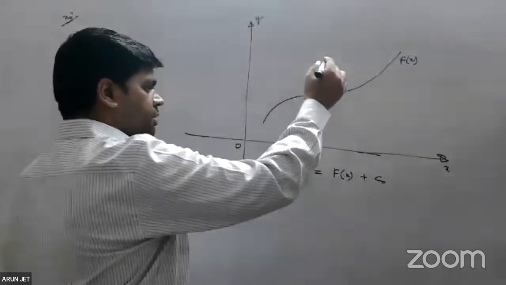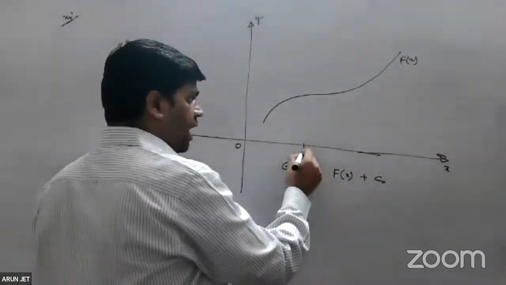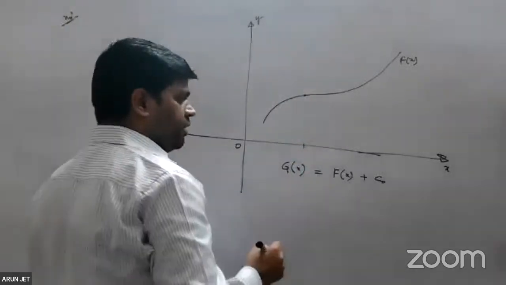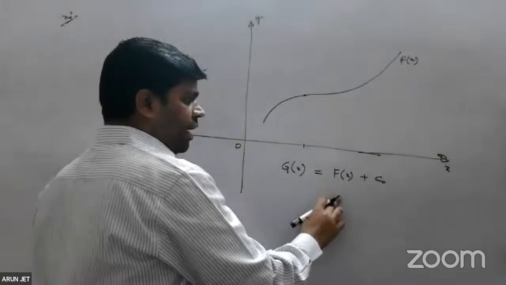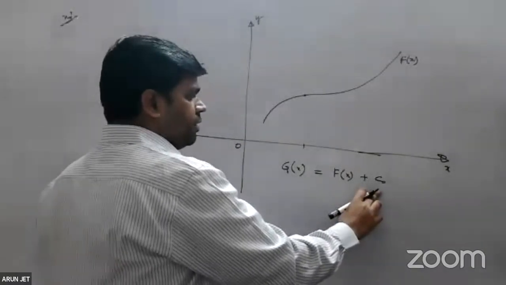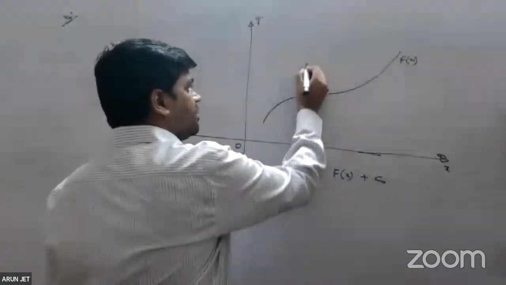So I can obtain a function g of x. See, for any value of x, f of x is already given to me. So I don't have to bother about what f of x is. I have to add a constant to it. So if the constant is positive, I push it up.